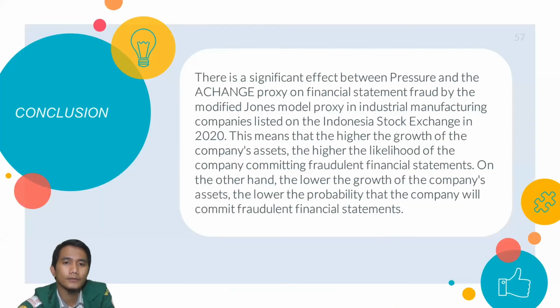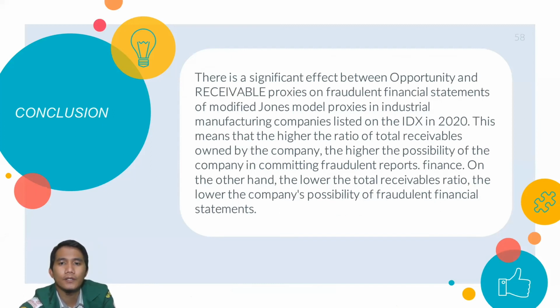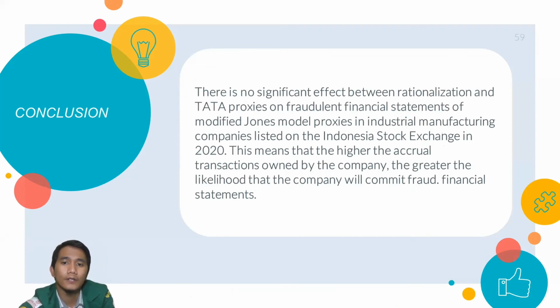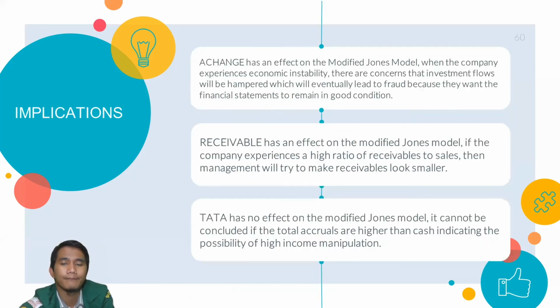Chapter 5, closing. Conclusions: one, pressure with the change in total assets proxy has an effect on financial statement fraud. Two, opportunity with the receivable proxy has a significant effect on financial statement fraud, and there is no significant effect between rationalization and total accrual on financial statement fraud. Implications: the change in total assets has an effect when a company experiences economic instability, with concern that investment flows will be hampered.